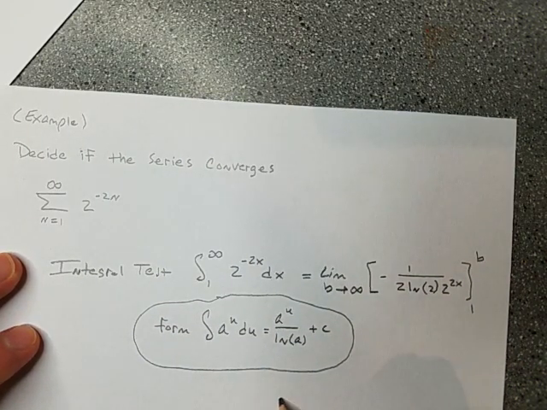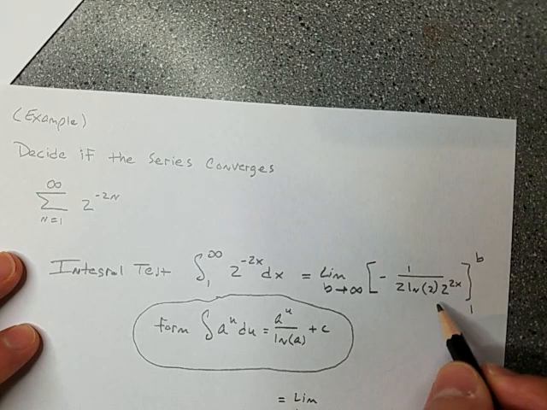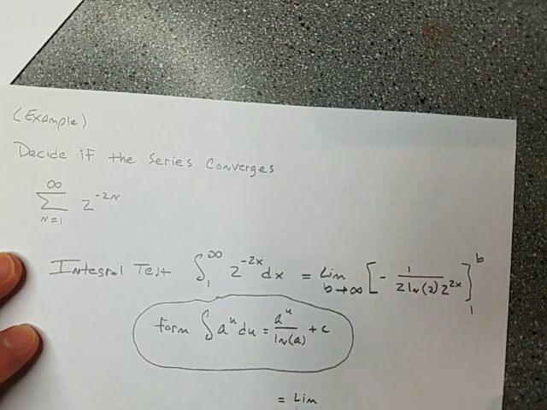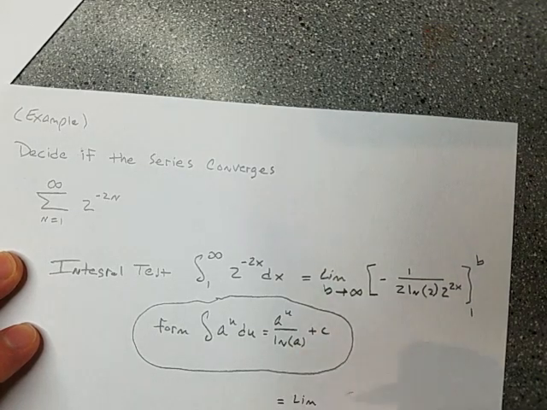Now, let's continue over here. I've got my antiderivative right there from u substitution. And now putting my bounds in, on the b first, I get negative 1 over 2 natural log 2 to the 2b.